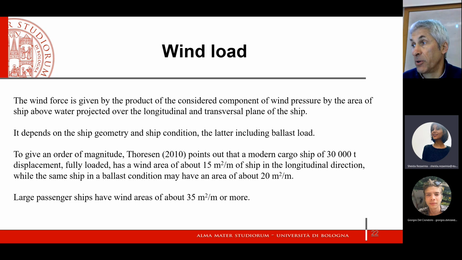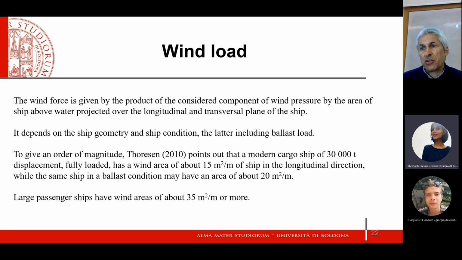The reference that you see here points out that a modern cargo ship with a tonnage of 30,000 tons, fully loaded, has a wind area of about 15 square meters per meter in the longitudinal direction, while the same ship in a ballast condition may have an area of about 20 square meters per meter. And this gives you an idea also of the difference between ballast conditions and loaded conditions, which is significant because we pass from 15 to 20.